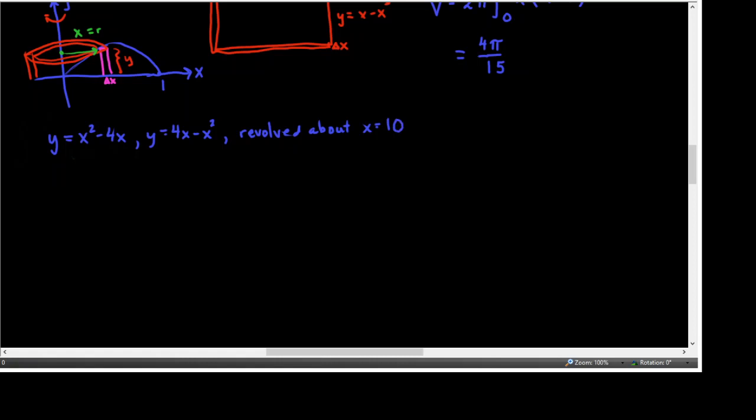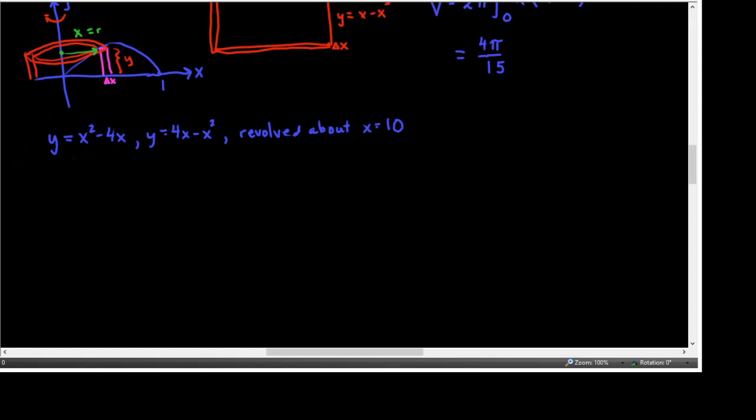So the reason I wanted to do this one is because very often the examples show revolution about an axis, and then they don't show you that many examples where the axis of revolution is another line that's not one of those.